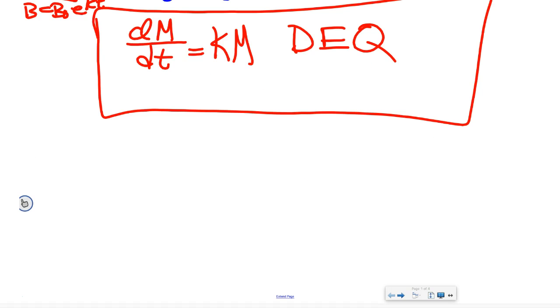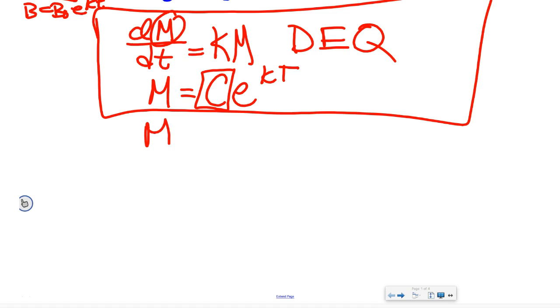If they ask for the solution, you say the solution is the amount present, y is equal to, and you're going to think sect, C e to the KT. However, this right here is always the starting amount. So I would suggest you say the amount at time 0, e to the KT. Now this looks an awful lot like a model you would have had in a previous math class.